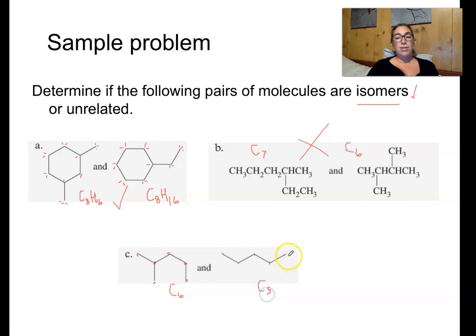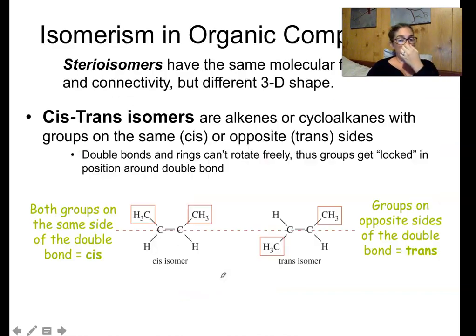So if this had a 6th one here, then these are going to be isomers, but it doesn't. It has different numbers of carbons, so again, we would say these are not isomers. They're just two different compounds, unrelated. Okay, so isomers have the same molecular formula, but different structures. So that's sort of the basic definition of an isomer.